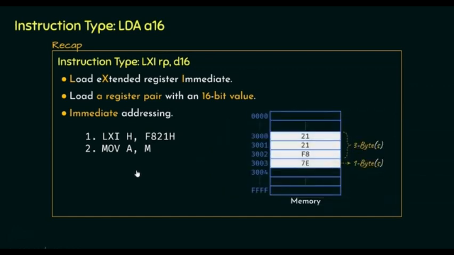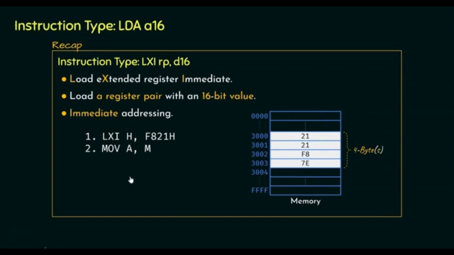If you remember, in order to store the first instruction, it required 3 bytes, and thereafter when we performed MOV A, M, that is, we were loading the accumulator with the value inside that particular memory location, this particular instruction took 1 more byte. Altogether, the entire operation took 4 bytes of memory space.